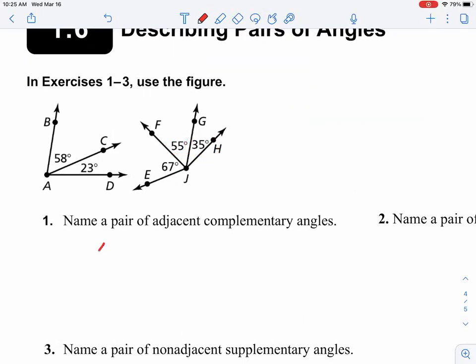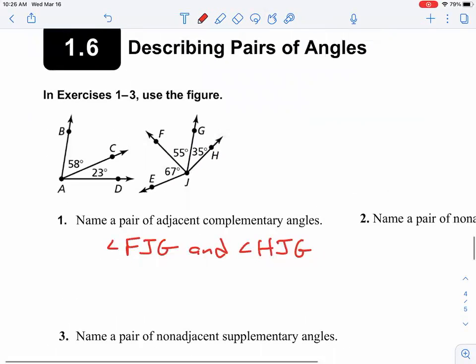So we would say angle FJG and angle HJG. They both add up to 90 and share a common side, so they are adjacent and complementary.